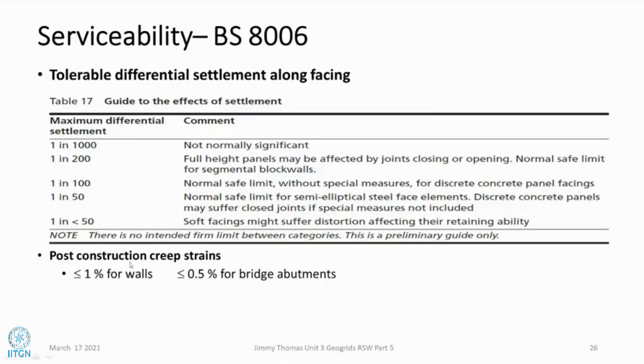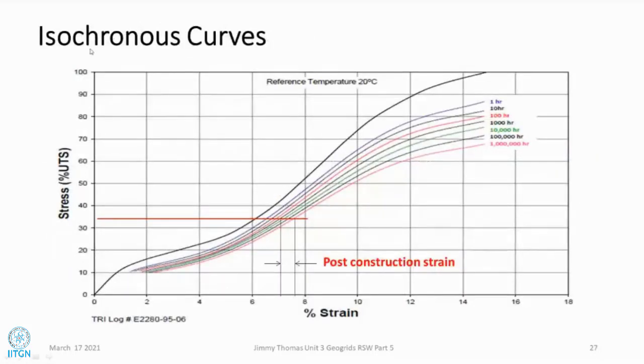Now, how do we calculate this post-construction creep strain? We use what are known as isochronous curves. Here the manufacturer conducts creep tests at different stress levels. The y-axis shows stress as a percentage of the ultimate tensile strength.